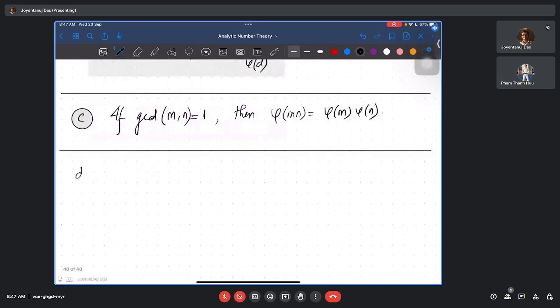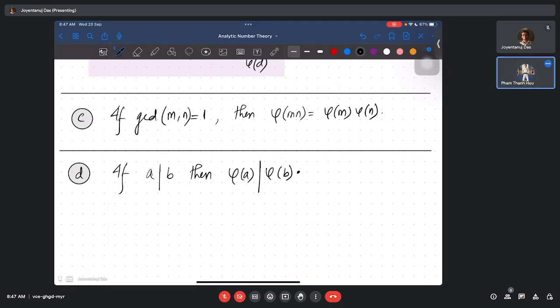Then the fourth property is: if a divides b, then phi of a divides phi of b, right? How will you do that?